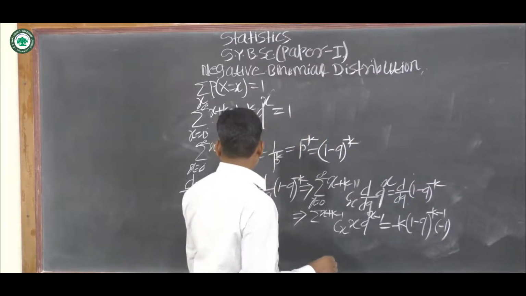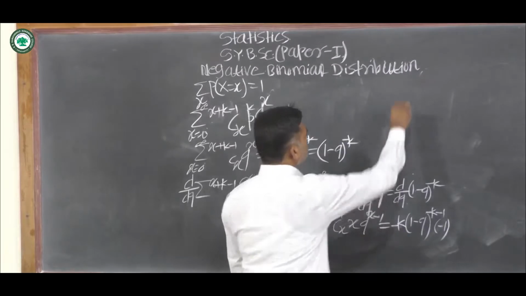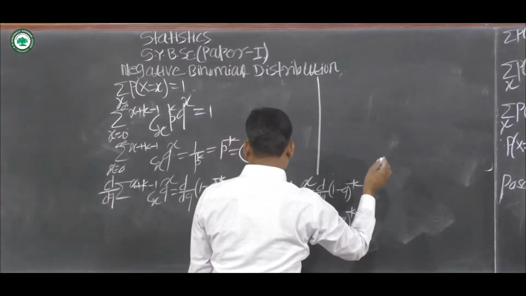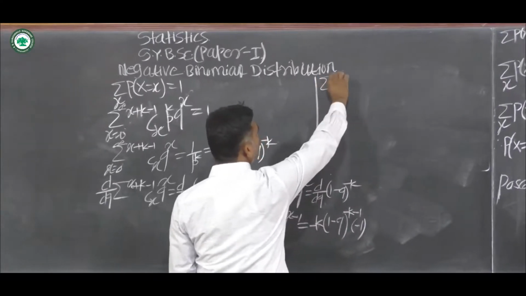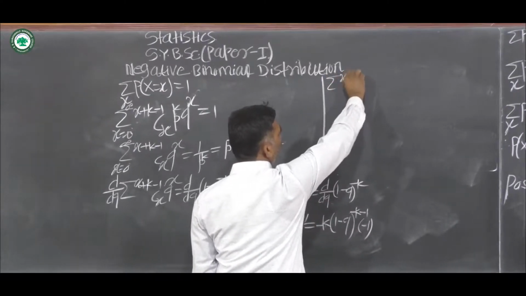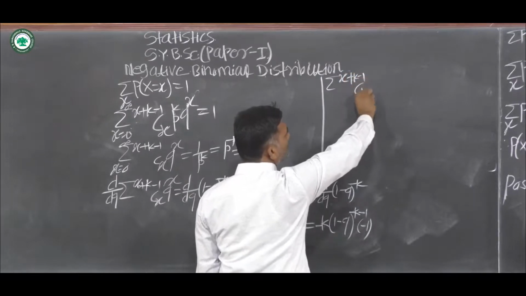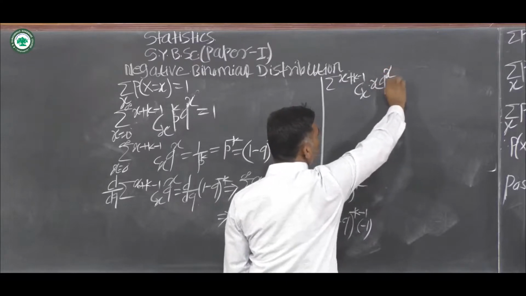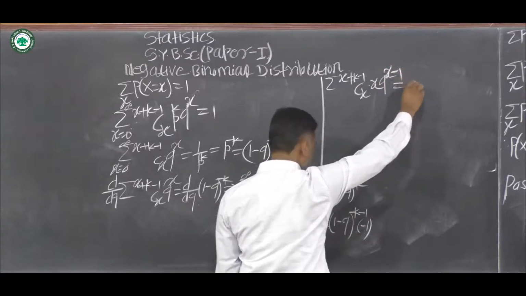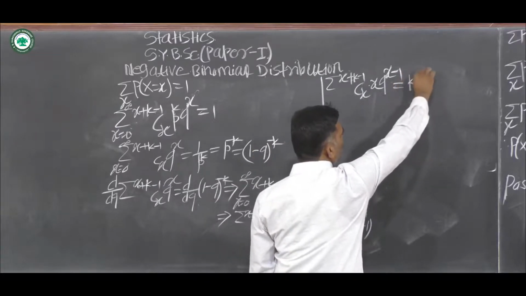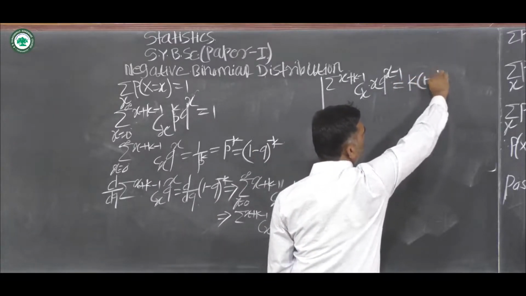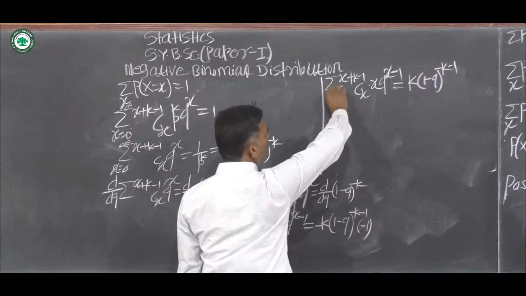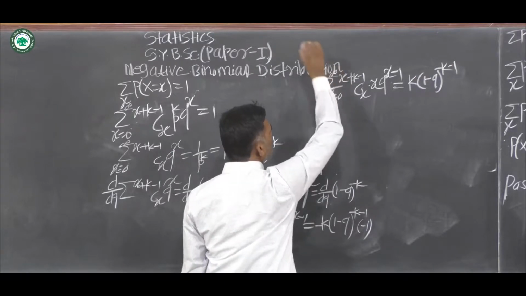Okay, therefore the summation of x plus k minus 1 C x into q raised to x minus 1 is equal to k into, in bracket, 1 minus q, bracket raised to minus k minus 1. Here summation over x running from 0 to infinity.